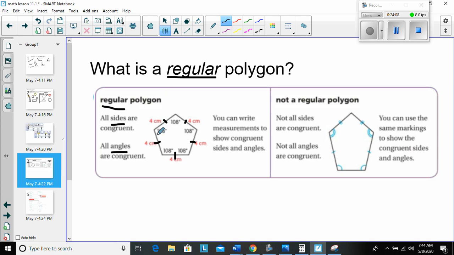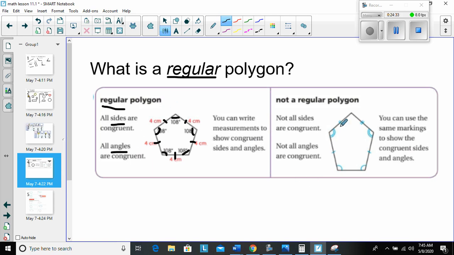And then to show congruent angles, they put the arcs inside. And if the arcs have the same measure, they would all have the same arc. Okay, and we're gonna look at the not regular polygon in just a second, and then I'm gonna show you how they mark it as not the same. So if you see these angle marks and these tick marks on the lines, that's congruency also. That's another way to show it. All right, so this is a regular polygon.